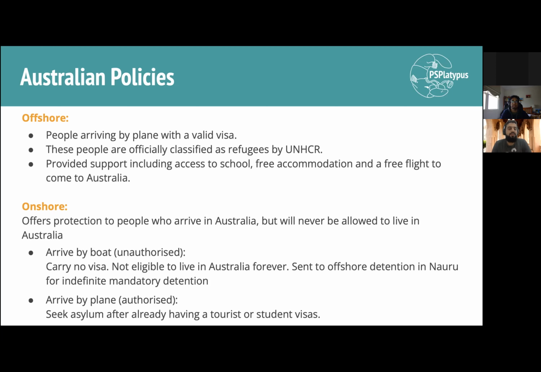The main difference is that in offshore processing, the refugees, before they come to Australia, already have a valid visa and are officially classified as refugees by the United Nations High Commissioner for Refugees.